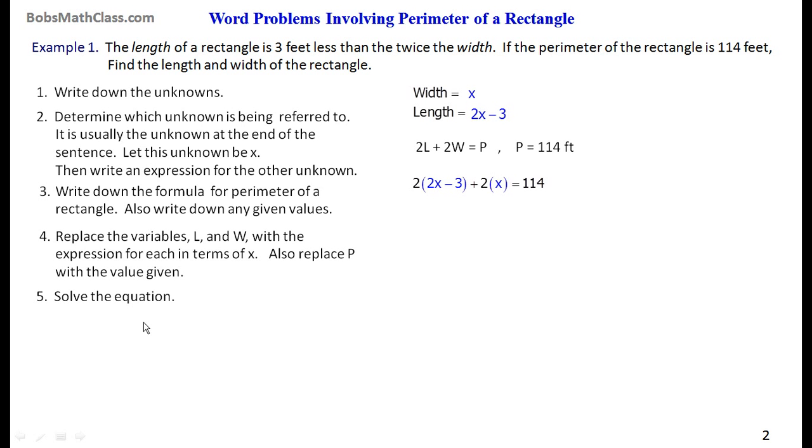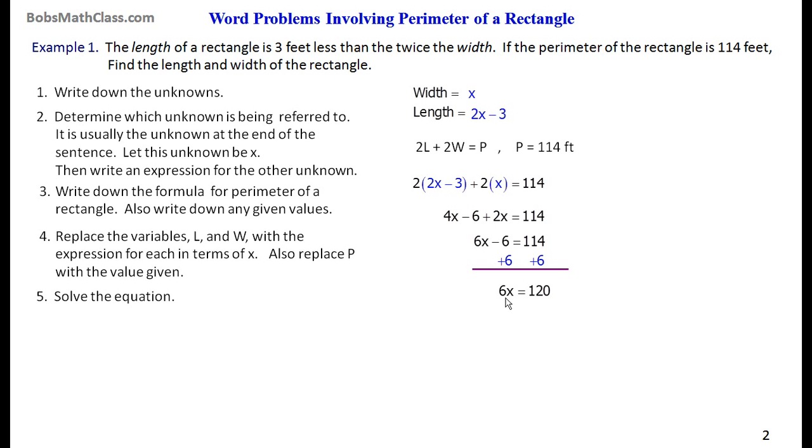The next step is to solve the equation. Distribute the 2. Add the like terms. That gives us 6x minus 6 equals 114. Add 6 to both sides. That gives us 6x equals 120.